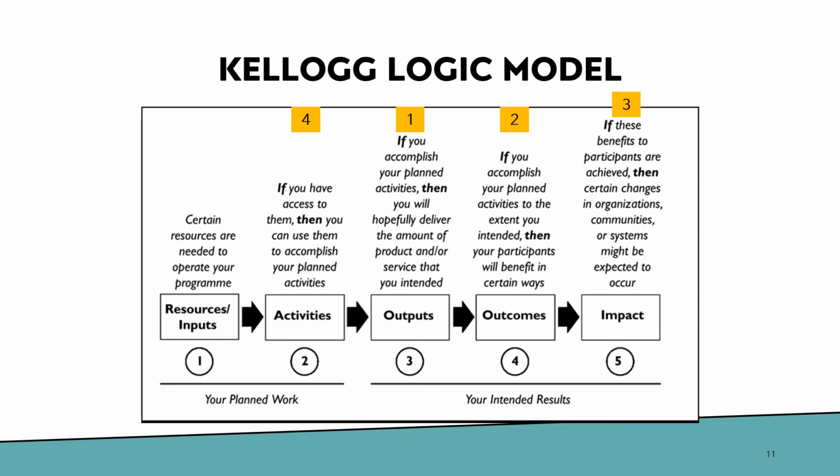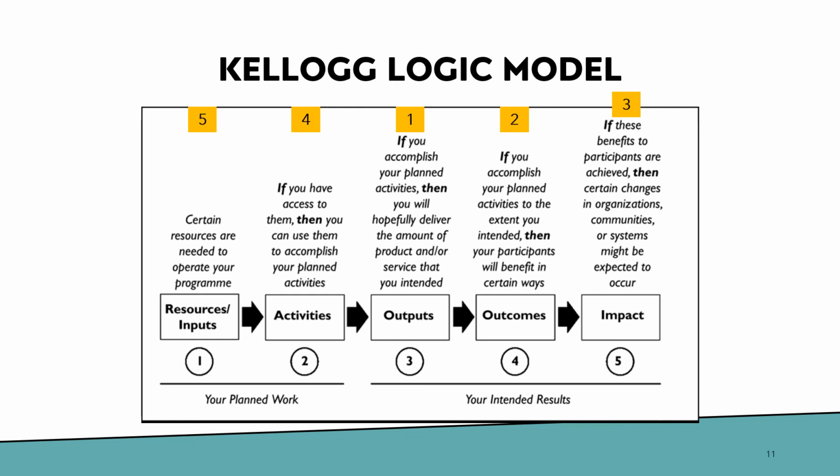And it also helps you kind of think through each component of your program completely without missing something and having to start over, or realizing that you didn't collect the data that you wanted to collect in order to show that change was taking place that you were intending to change.